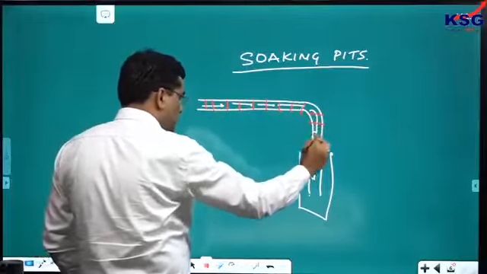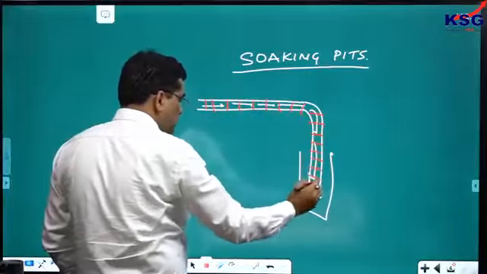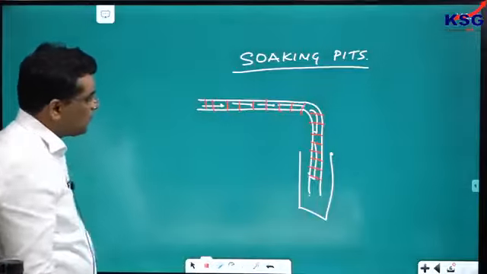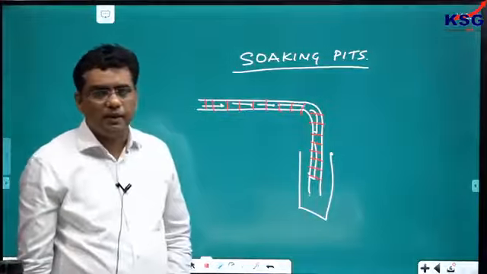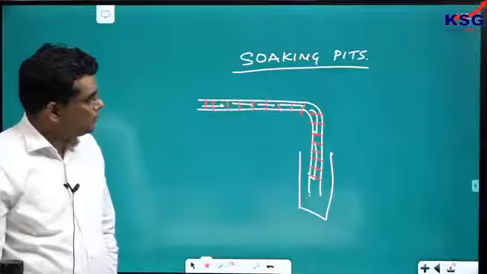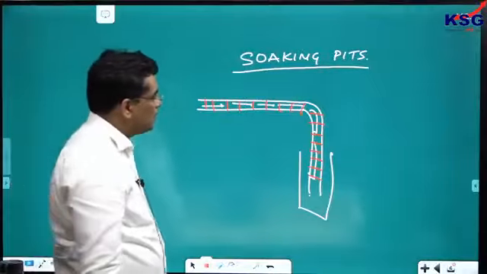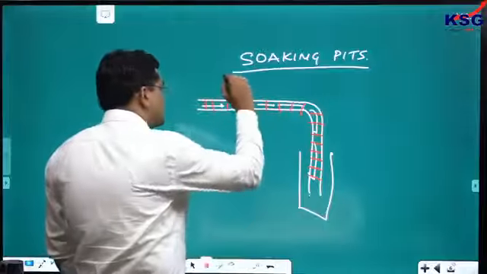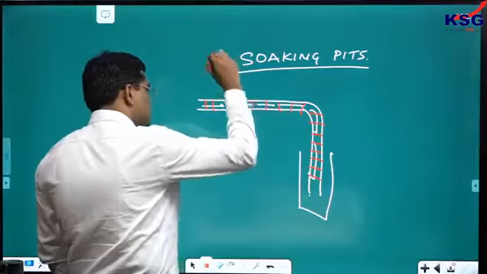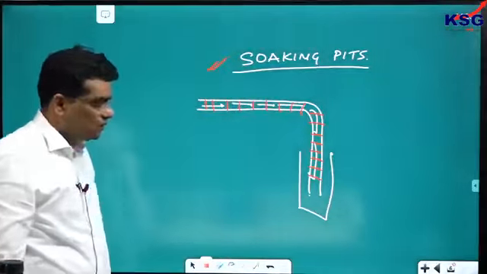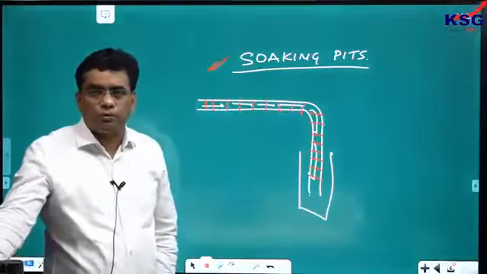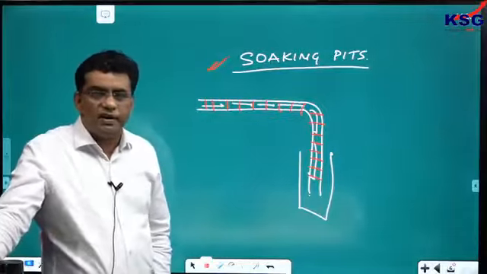Drain is not like pot holes, where you just jump in and go inside the earth. So they had a very excellent drainage system, and drains were connected to soaking pits. We are talking about the town planning. They had a very excellent town planning.